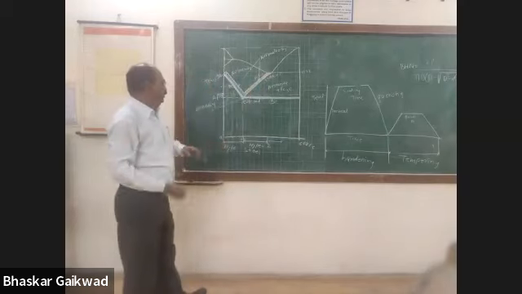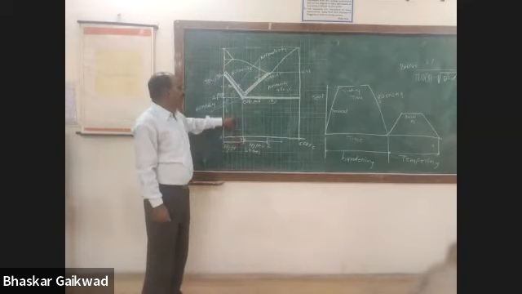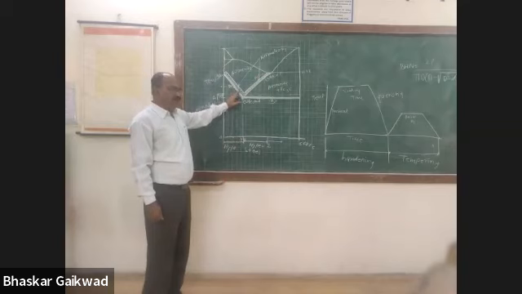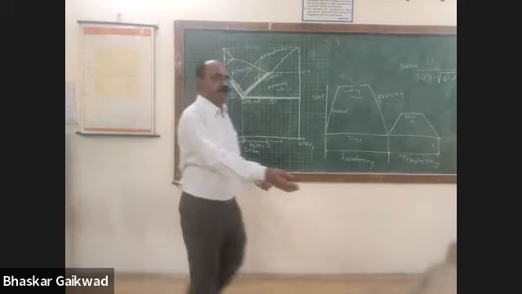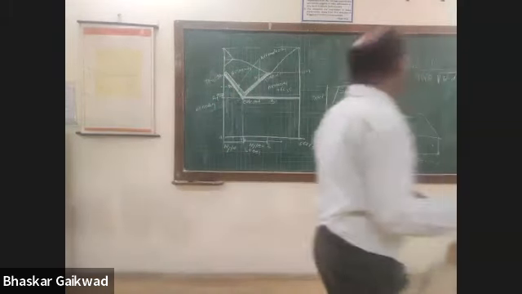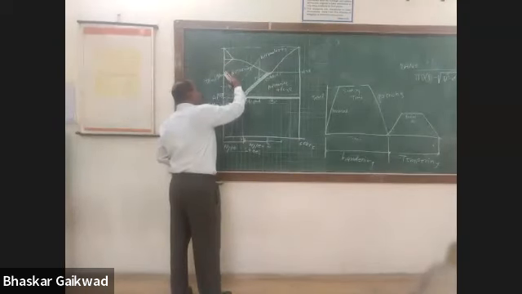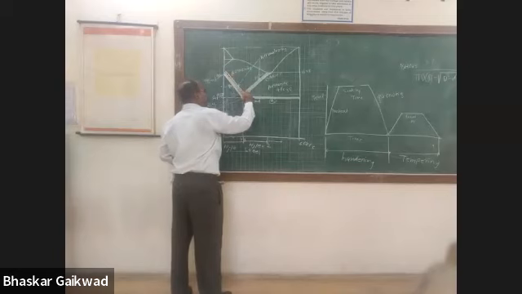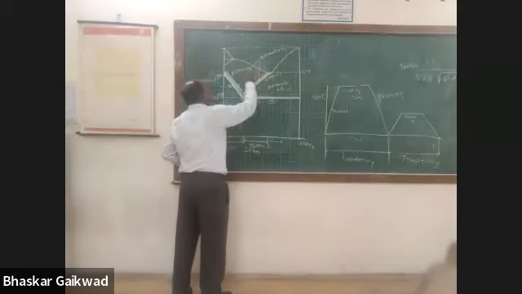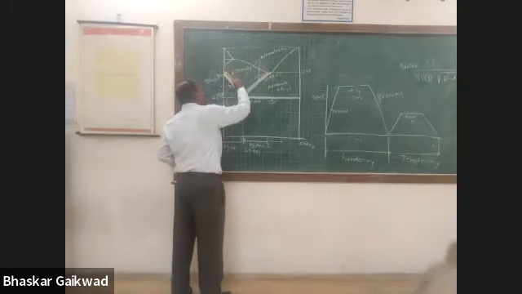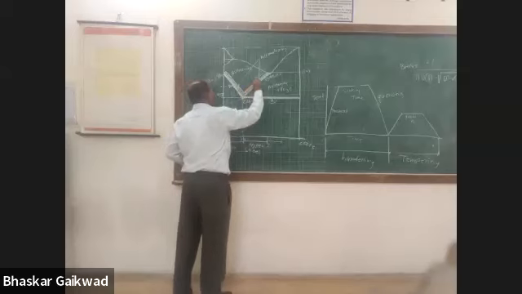For hypoeutectoid steel, heating temperature is above the A3 line but greater than the annealing temperature. So here with colors I will show the normalizing range, above the annealing.